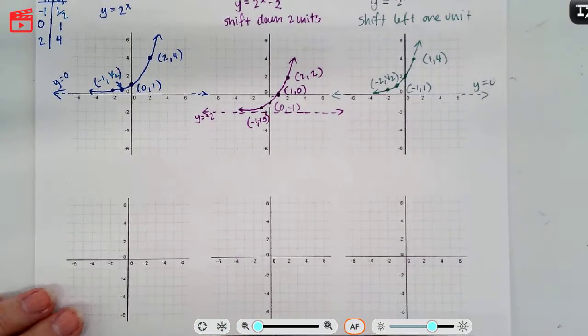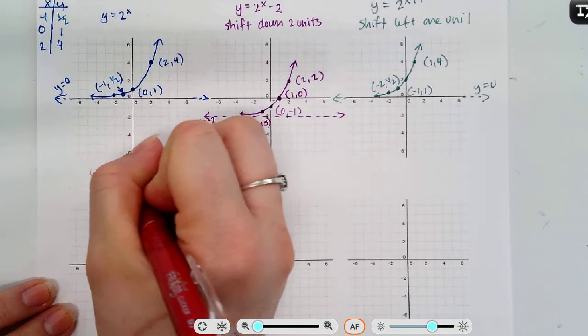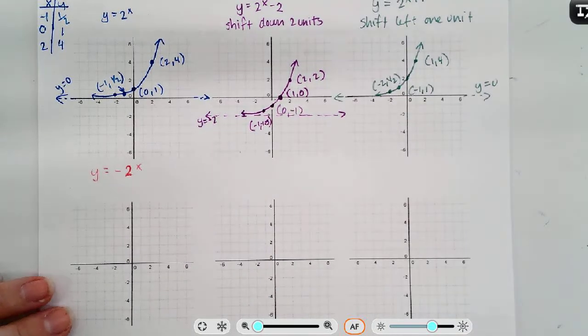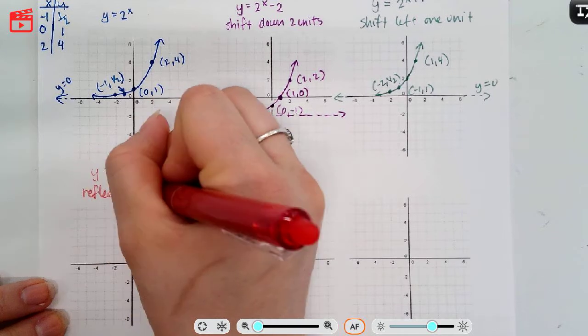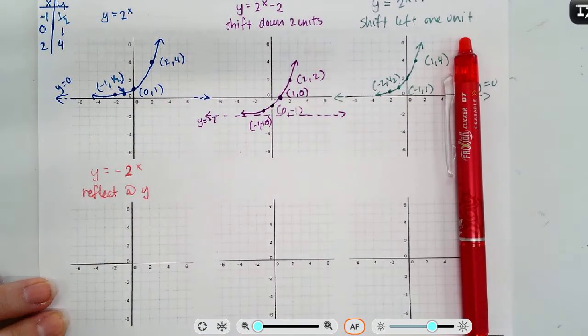All right, next one, got 2 more to go. Let's do this one in red. So we're looking at the function y equals -2^x. Okay, so the negative is on the outside, which means we're going to be reflecting about the, oh sorry, the x-axis.